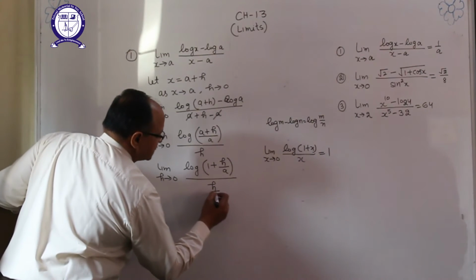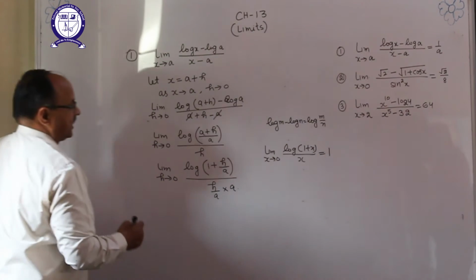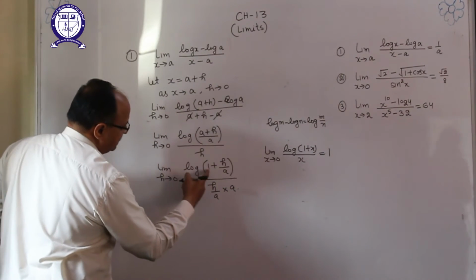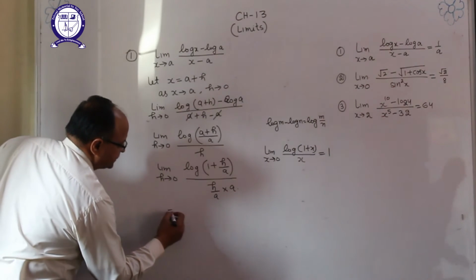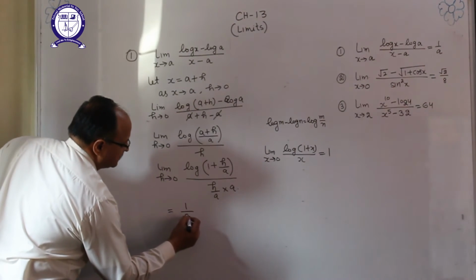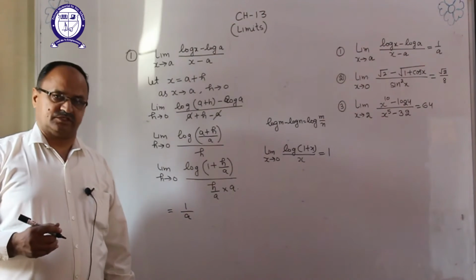Using this property, multiply and divide by a. According to this property, log(1 plus h by a) divided by h by a is equal to 1. Therefore, 1 by a is the answer of this question.